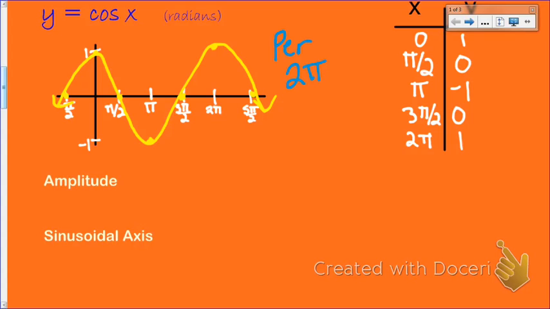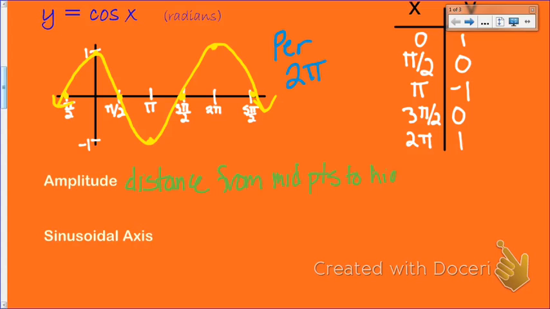Now a new word that I want to look at is amplitude. The amplitude is the distance from the middle to the top or bottom of my graph. If you look, we plotted some middle points, some high points, and some low points. The y value from all those middle points to those top points is going to be our amplitude.